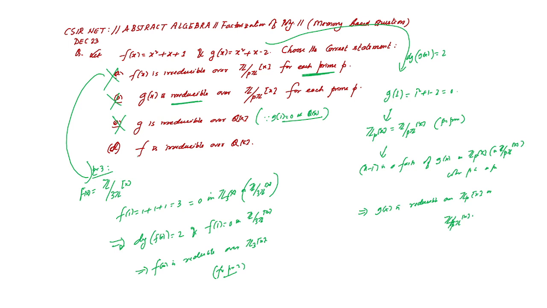So f is irreducible over Q[x], which you can check with the help of the Eisenstein criterion, or you can check it easily with a different method.